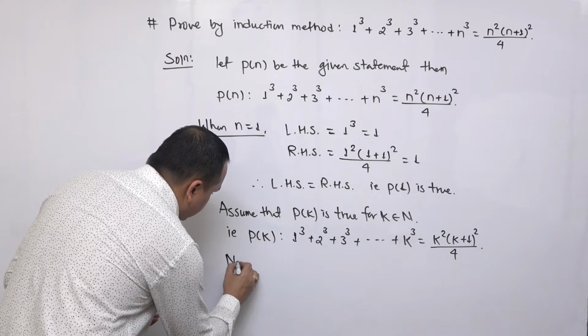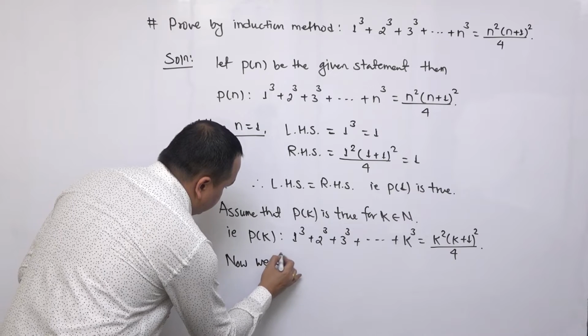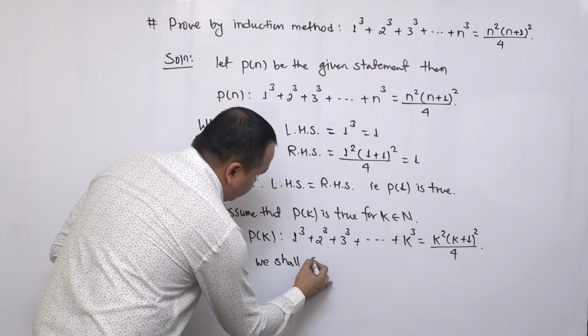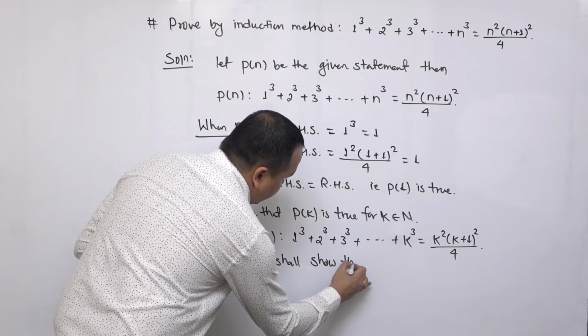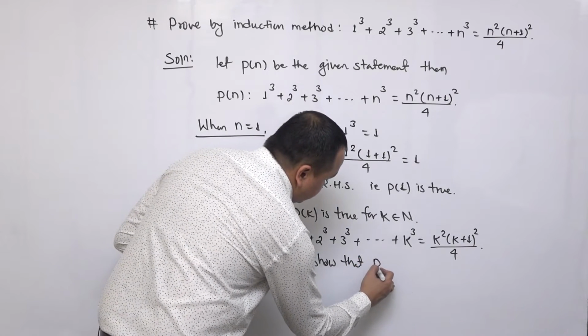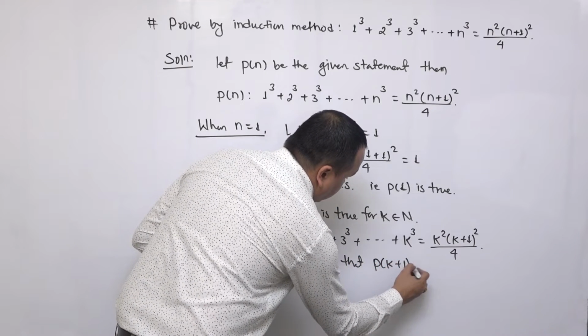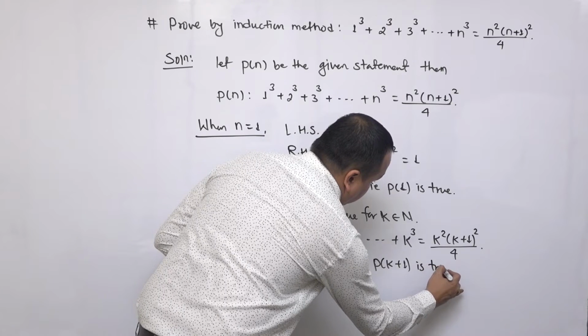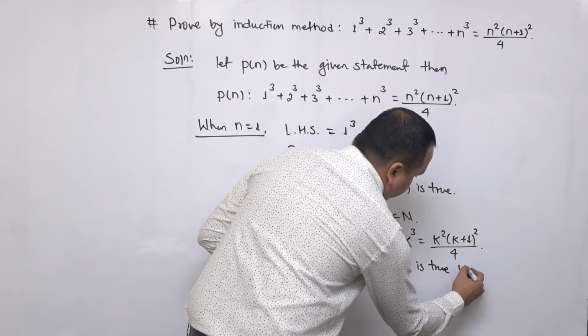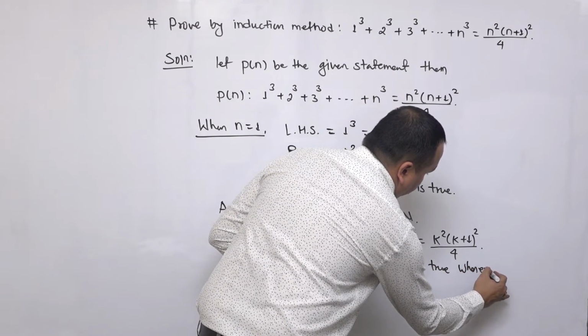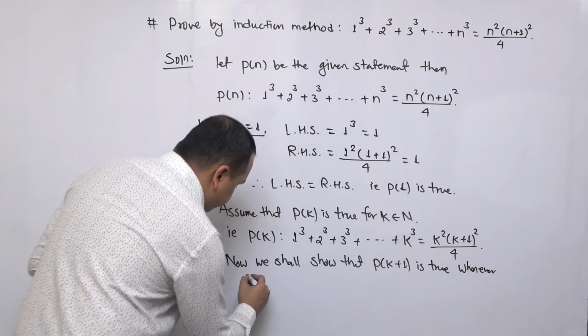Now, we shall show that Pk plus 1 is true whenever Pk is true.